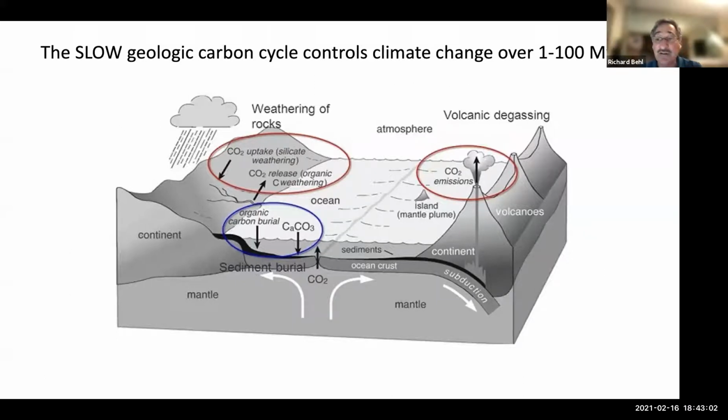This is what controls CO2 in the atmosphere on long time scales. And this is what has, for most of Earth's history, controlled our climate.